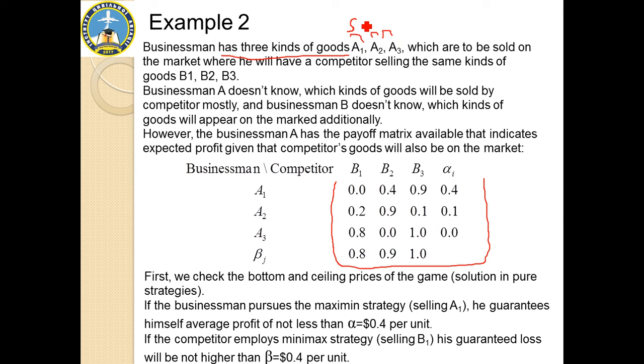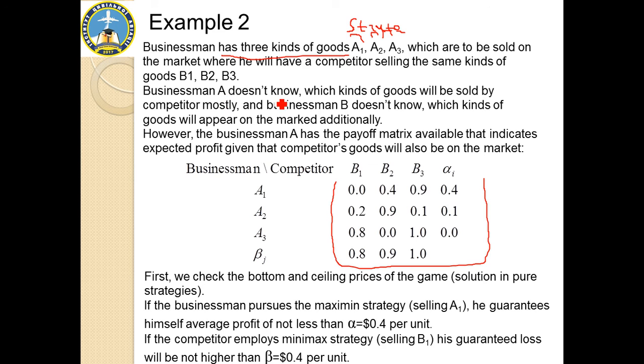A sub 1, A2, A3 strategies, which are to be sold on the market, where he will have a competitor selling the same kinds of goods, B1, B2, B3. So the businessman has to play against a competitor.